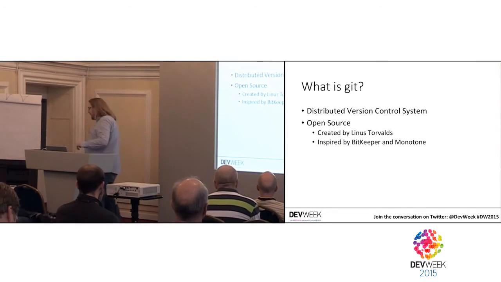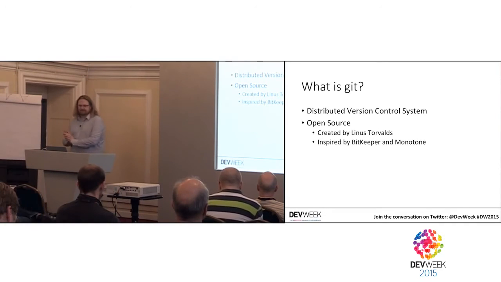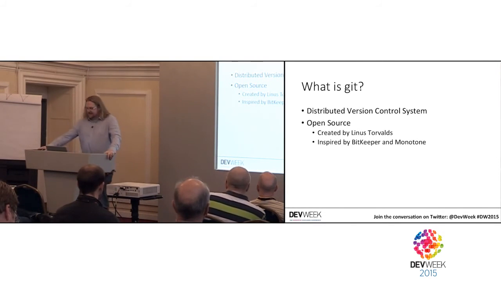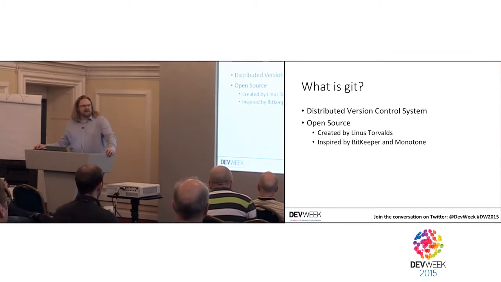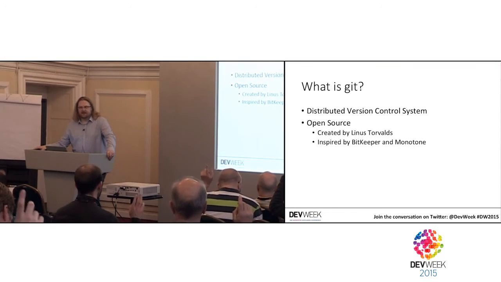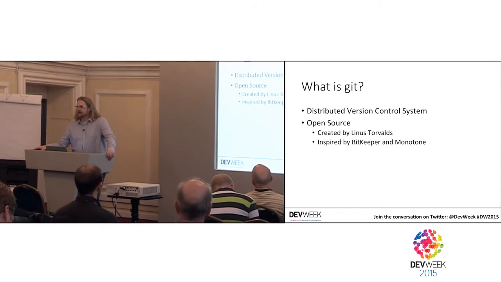So, what is Git? Well, in its basic form, Git is a distributed version control system. But you already knew that. So what do I mean by distributed version? Well, who here has come from a background of using things like Subversion or Team Foundation Services? Brilliant.